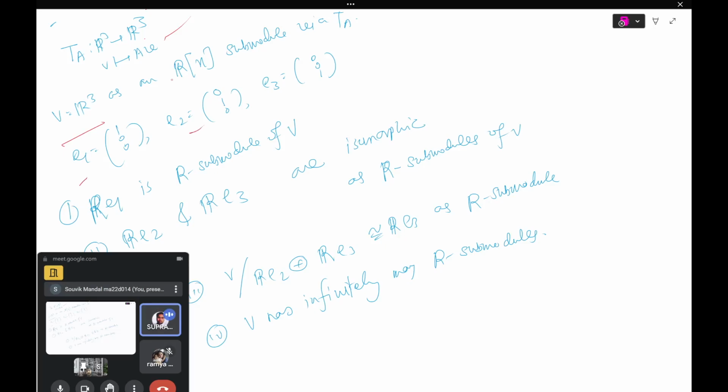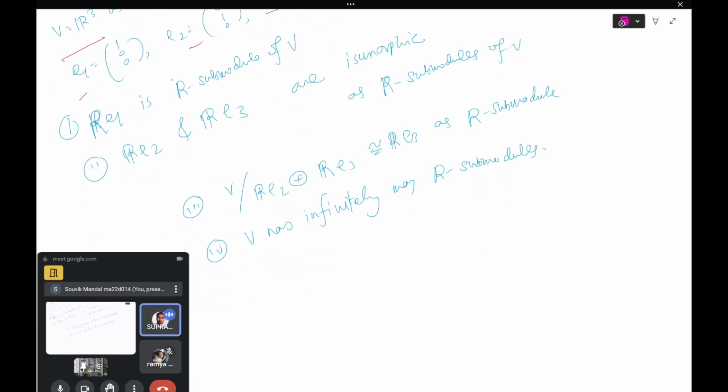E1, E2, E3 are the usual standard basis vectors of R3. The first option is RE1 is an R submodule of V. Second, RE2 and RE3 are isomorphic as R submodules of V. Third, V by RE2 direct sum RE3 is isomorphic to RE3 as R submodules. And fourth, V has infinitely many R submodules. Okay. Yes, yes.